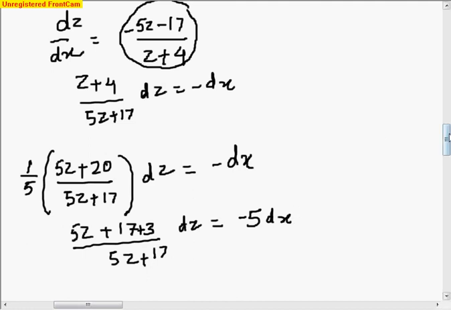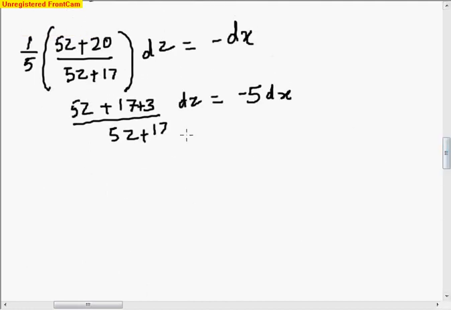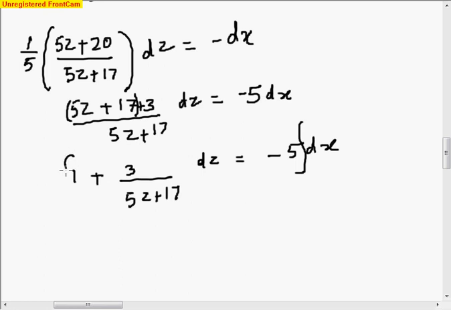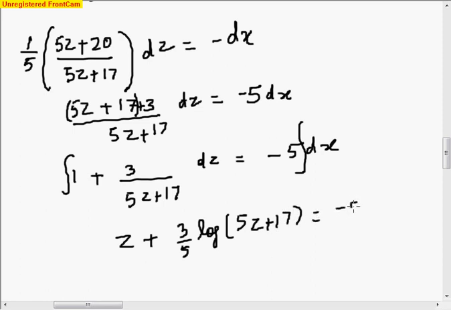Now do this thing, this much term divided by this. This is (1 + 3/(5z + 17)) dz = -5 dx. Now integrate. So this is z + (3/5) log(5z + 17) = -5x + some constant, say a.